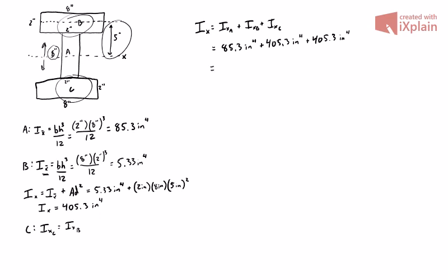Add them all together and we get 896 inches to the fourth. So by adding shapes B and C, we've gone from a moment of inertia that's just 85.3 and increased it by a factor of 10.